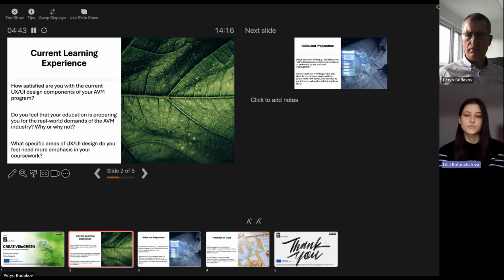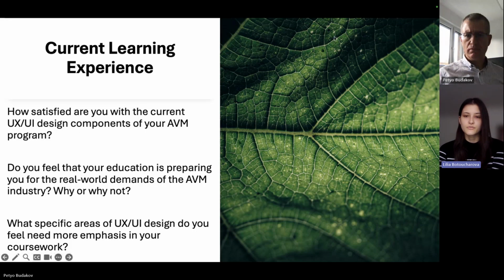And these additional courses that I proposed, for example, could focus on data analytics or basic design principles, implementation of AVM tools and other platforms. And I think this could really benefit every single student at XU and give us so much more practical experience and knowledge and prepare us for the demands of the industry.